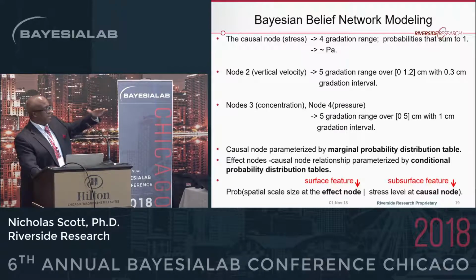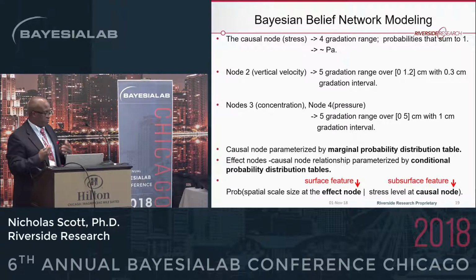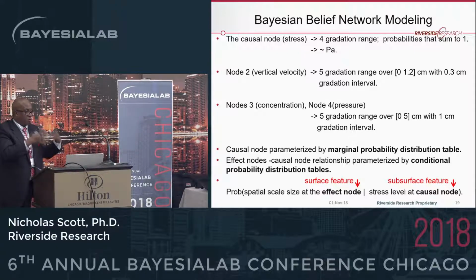And again, we're looking at the relationship between physical scale size at the surface and stress at the bottom. To remind people, why is this important? The Navy can only see things at the surface. It can only look at scale. It's a two-dimensional surface, so the only thing that makes sense is physical scale.